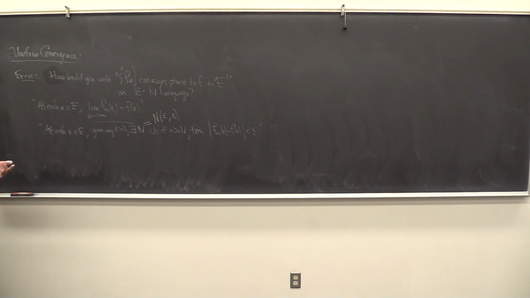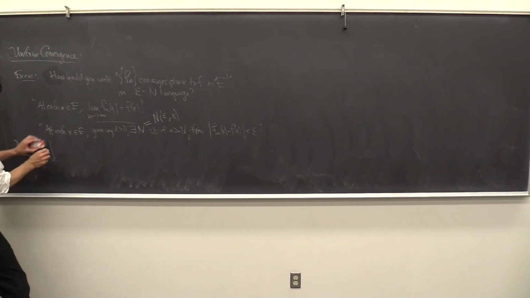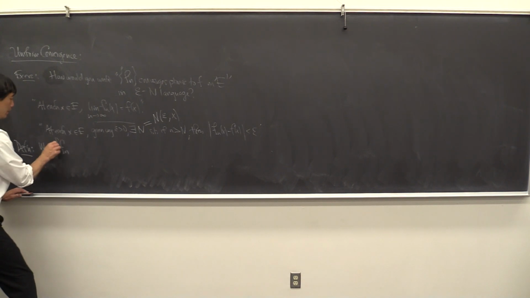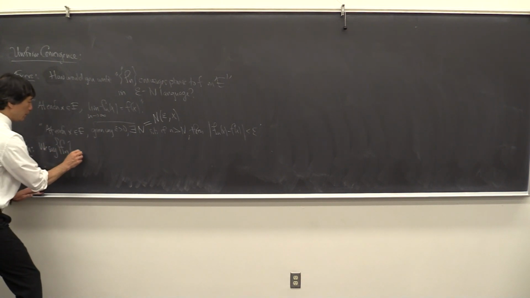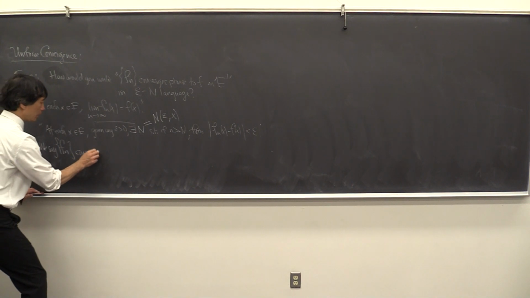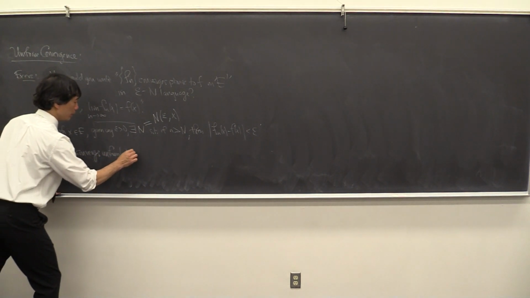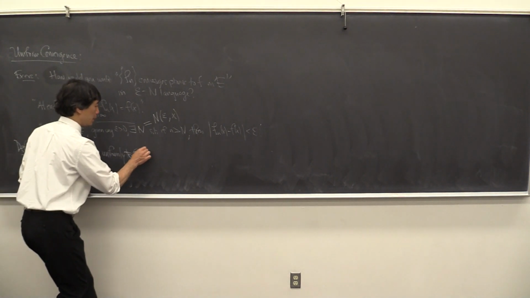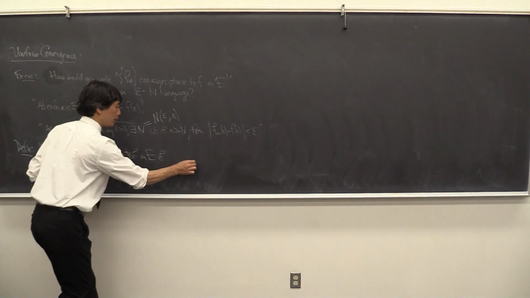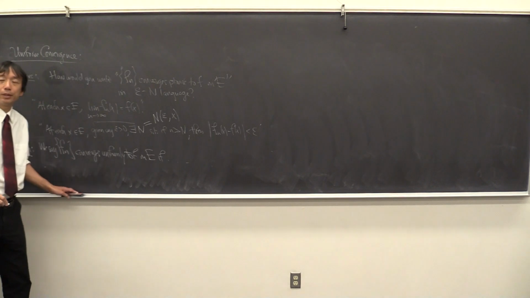Okay. So now we're going to give something called uniform convergence. You have some sequence. We say f sub n, the sequence of functions, converges uniformly to f on E if, can anybody guess?